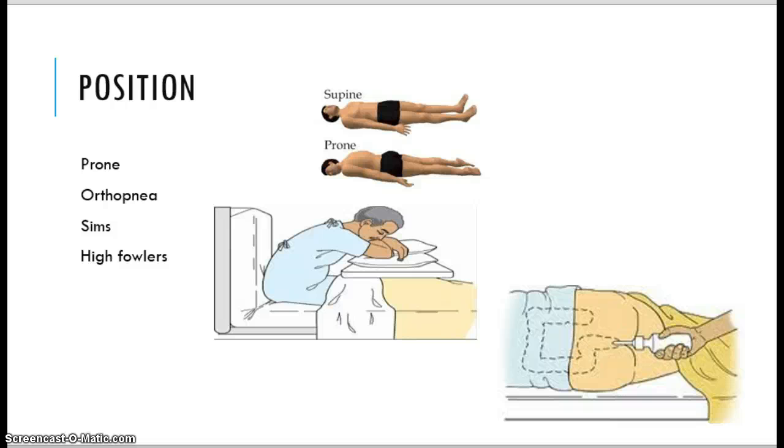That was talked about in the oxygenation unit because it helps a person to breathe easier. The Sims position, as you can see, the person's getting an enema. And then high Fowler's is where a person would be sitting almost upright, very high in the bed for some reason, to probably allow easier breathing, or that's how you would sit to eat a meal.